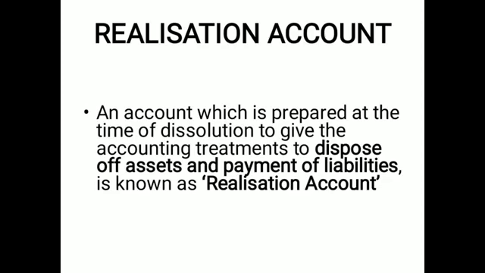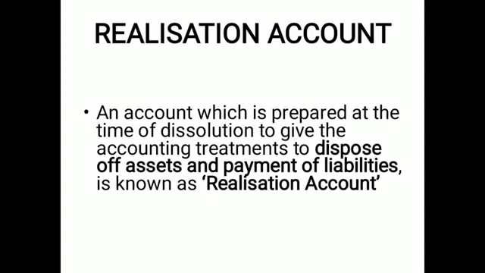Just the way you record all the changes regarding the revaluation of assets and liabilities, the topic that we understood in chapters 4, 5 and 6, we understood the preparation of the revaluation account, in which you gave all the effects related to the revaluation of assets and liabilities.